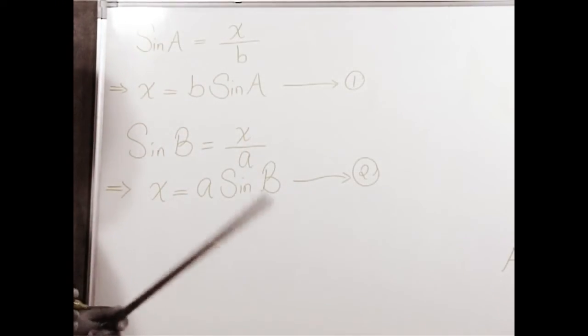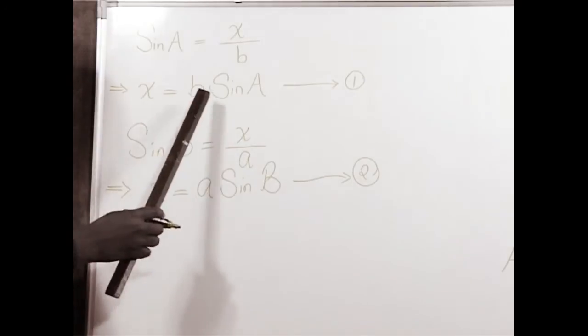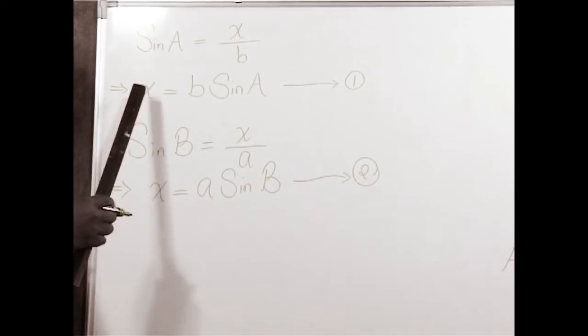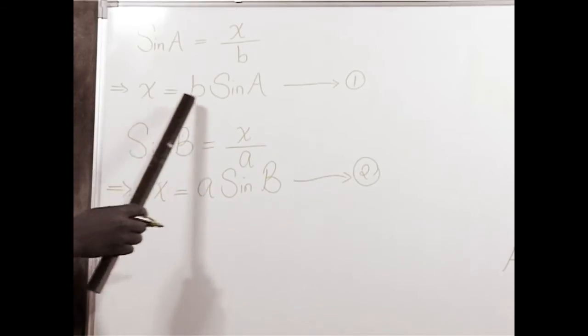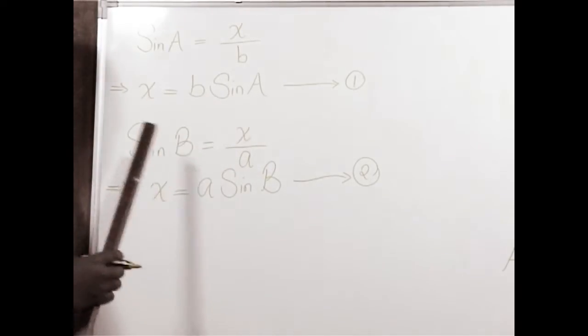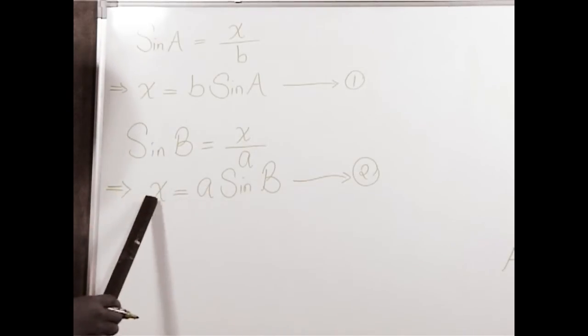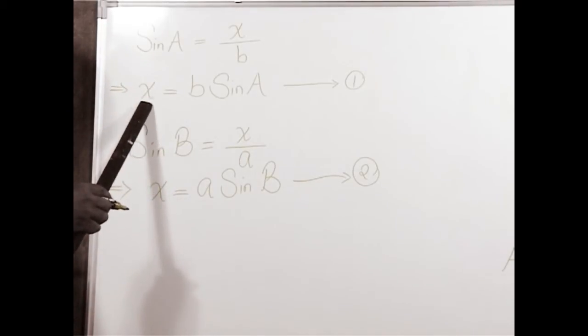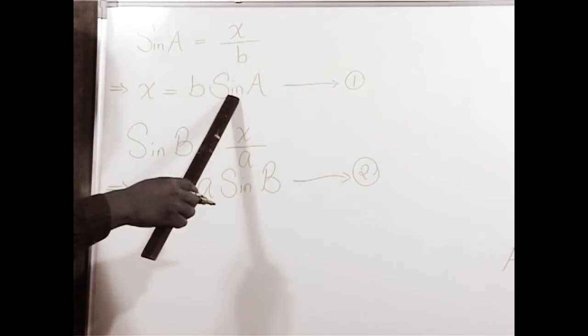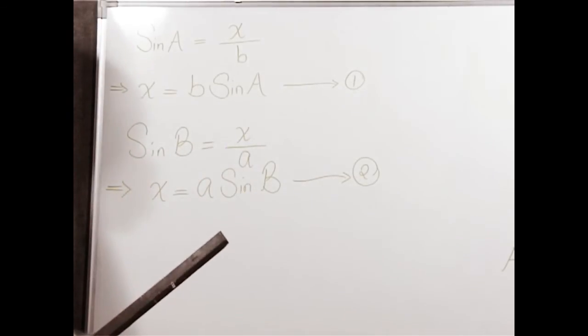Like we did in the specific case, when we look at the two equations, the first one states that x is equal to b sine a. The second one also is stating that x is equal to a sine b, where this x is the same x as that one. So the two expressions equal to x must be equal to each other.